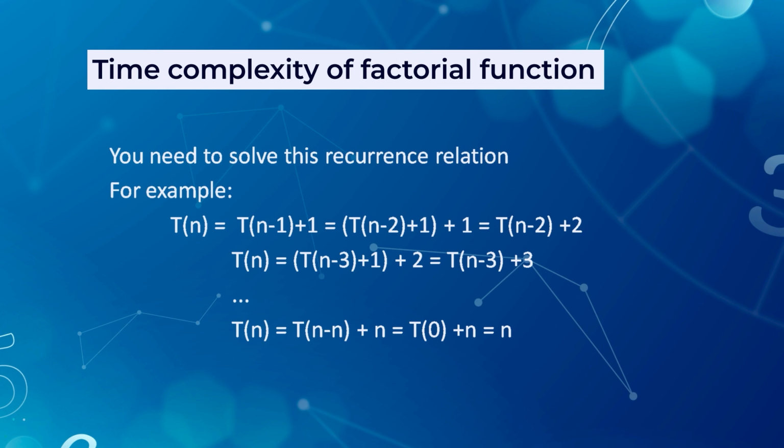So, it becomes Tn minus 2 plus 2. You open the bracket and you get this Tn minus 2 plus 2. Now, Tn minus 2, once again if we represent using the recurrence relation, what will it become? Tn minus 3 plus 1, right. So, Tn minus 2 is Tn minus 3 plus 1.